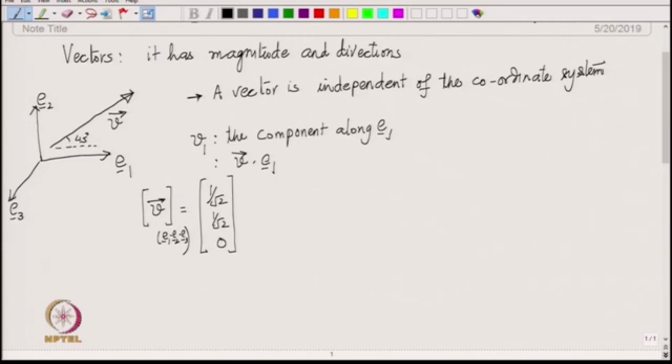If you choose another coordinate system, let us say a red coordinate system, where one of the axes is along the vector itself, so we have E1 hat, E2 hat, and E3 hat is along E3 itself. In the new coordinate system, what will be the components? The component along E1 hat, since E1 hat is along the vector itself, is 1, and the other two components will be 0 then, right.